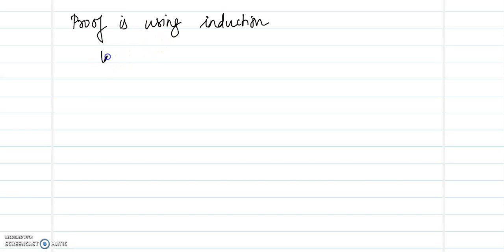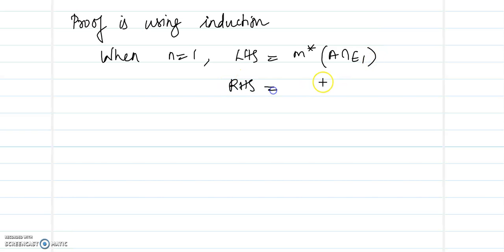So when n is equal to 1, if you look at LHS of equation 1, LHS will be m star of A intersection. So n equal to 1 വരുമ്പോൾ A intersection E1 ആയിരിക്കും നമുക്ക് കിട്ടുന്നത്. അതുപോലെ RHS ഉം, RHS summation i equal to 1 to n ന്റെ value 1 ആണ്.